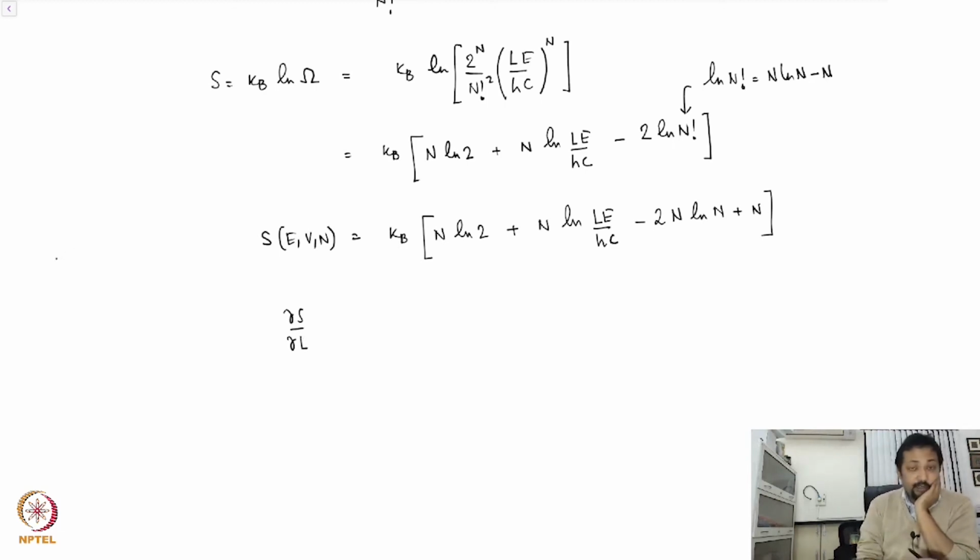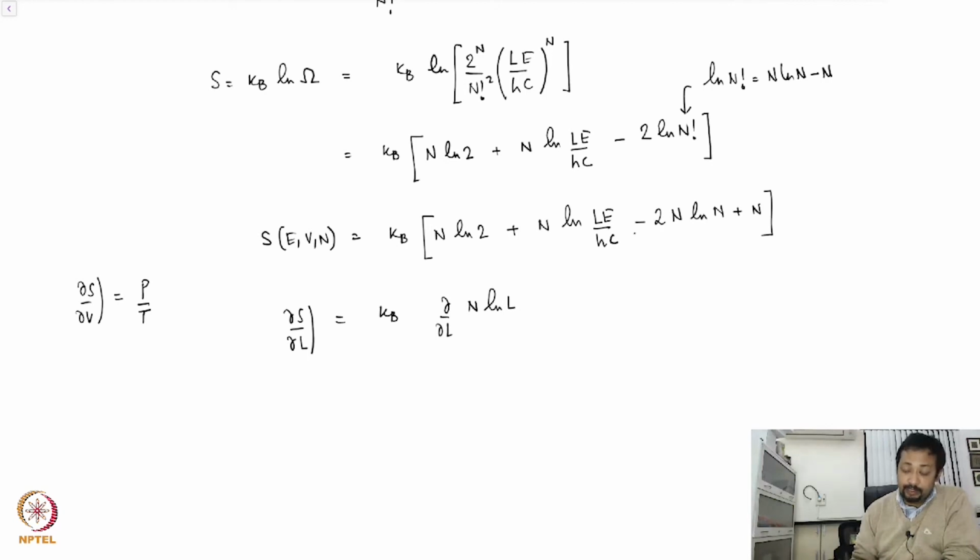When we did thermodynamics, we said that del S del V is equal to P over T, right? But here the volume is replaced by the length L, and del S del L is going to be Kb times del del L of n ln L, right?